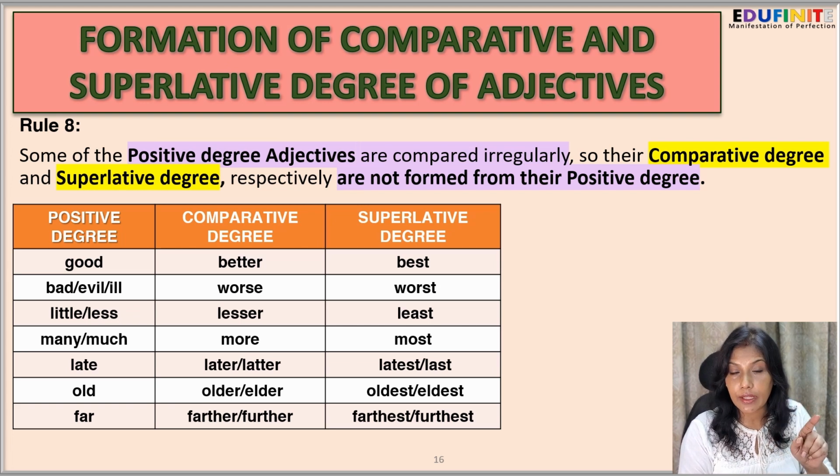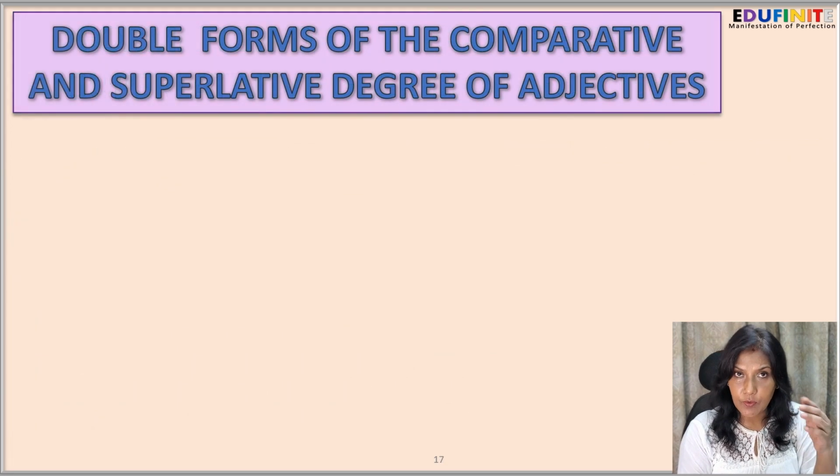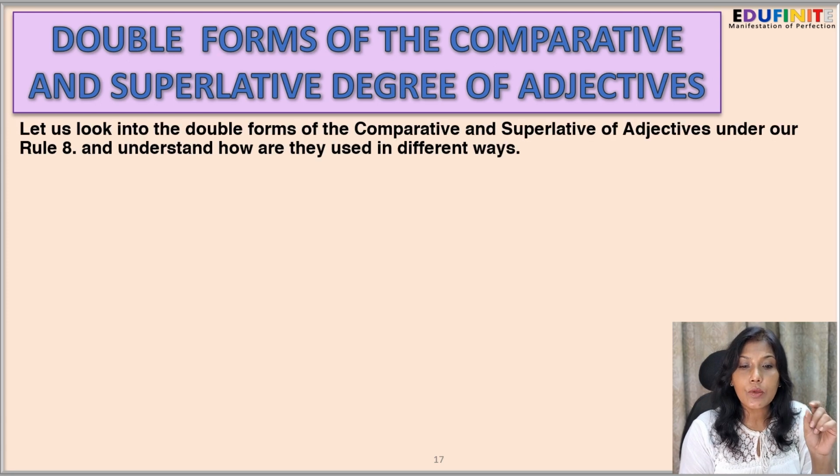One is farthest and the other is furthest. Now, these double forms of comparative and superlative degrees, let's look into the double forms of the comparative and superlative of adjectives under Rule 8 and understand how they are used in different ways.